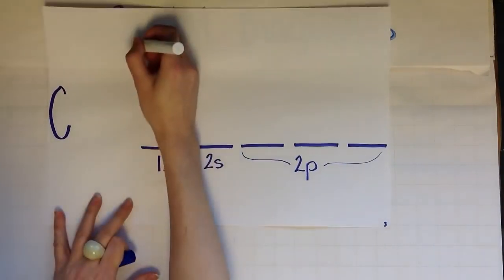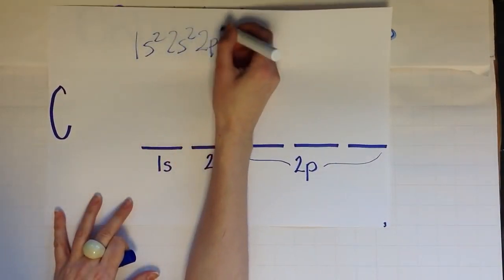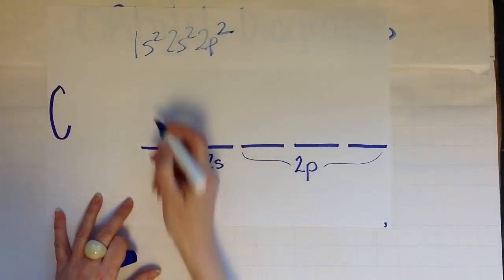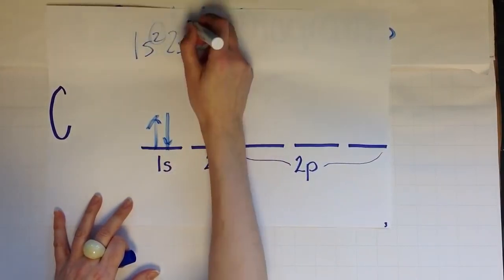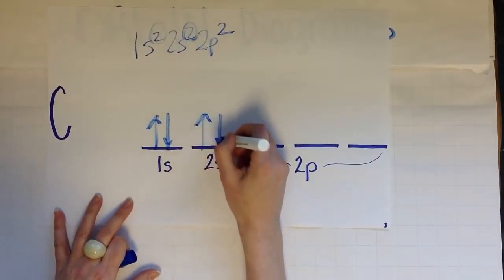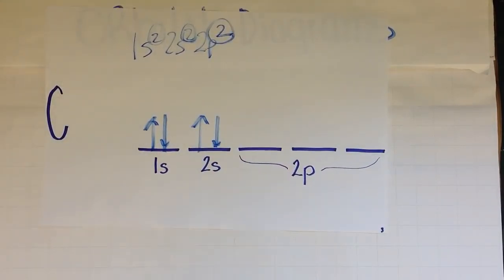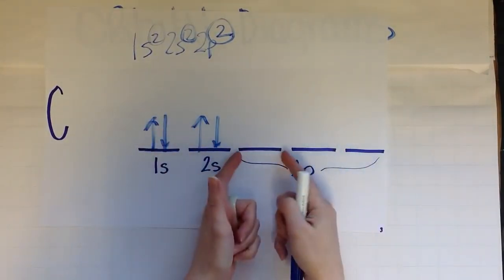Carbon's electron configuration is 1s2, 2s2, 2p6. Oh, I take that back. 2p2. Moved ahead of myself. So I've got 2 electrons here. One spins up, one spins down. 2 electrons here. One spins up, one spins down. And 2 electrons here. Now, this is really important, and this is a rule you must follow. Nobody wants to cramp up all in the same orbital.